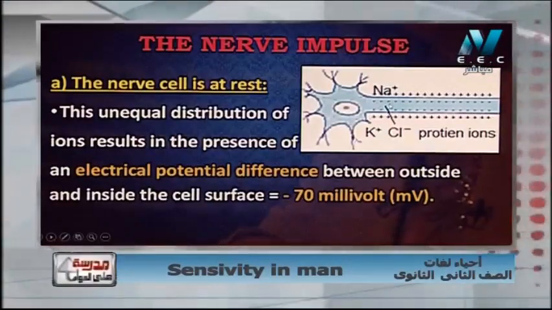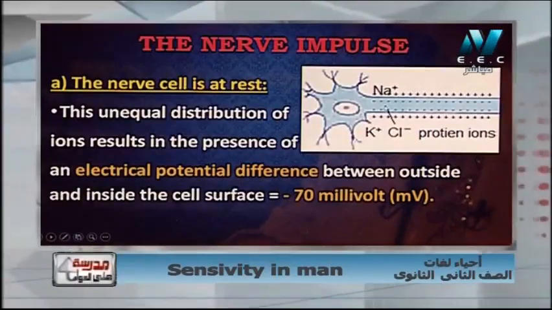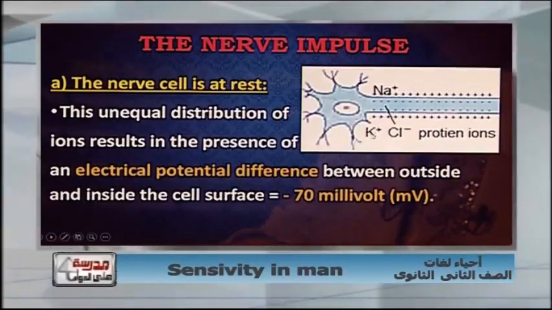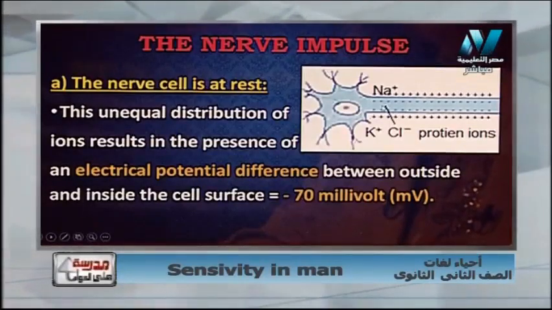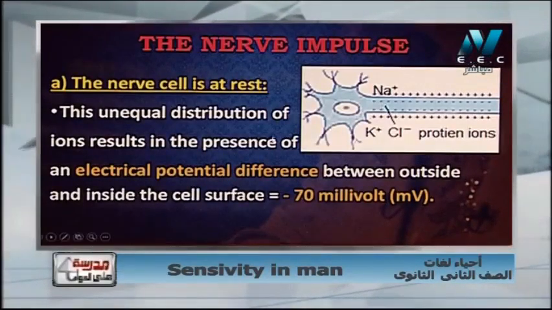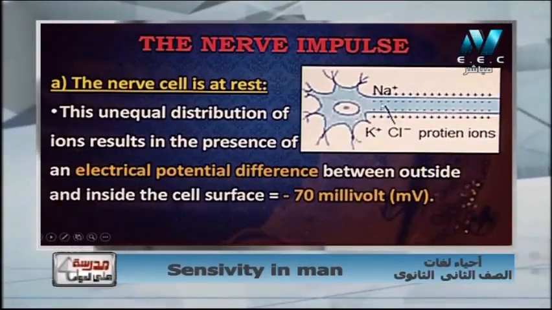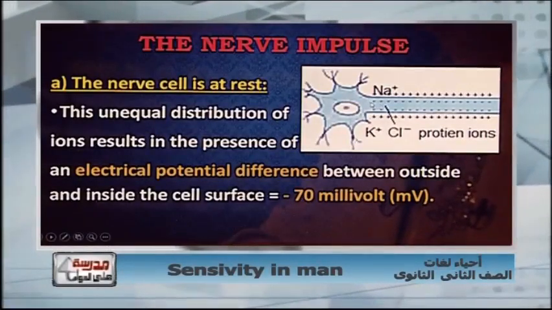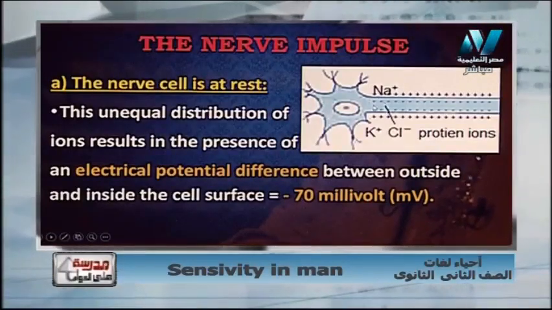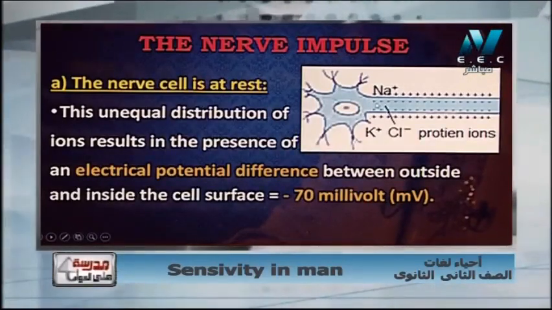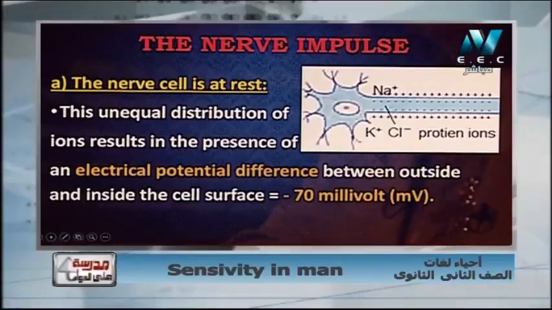But inside the nerve cell, you can notice the presence of potassium ions, which are also positive ions. But the amount of potassium ions inside is 30 times their presence outside. So the greater number of potassium ions is present inside.